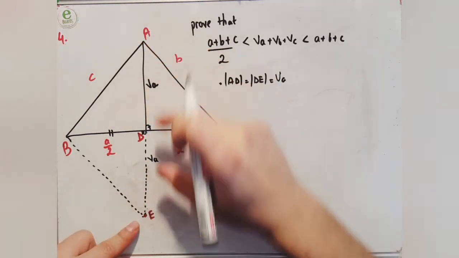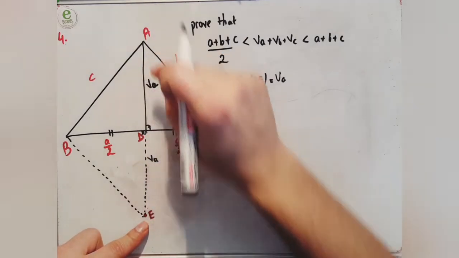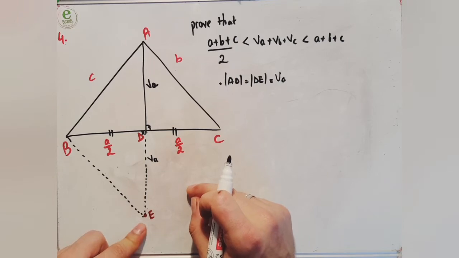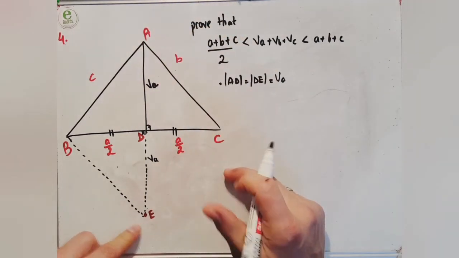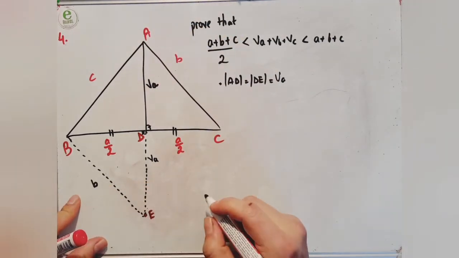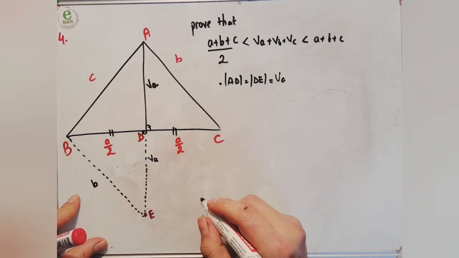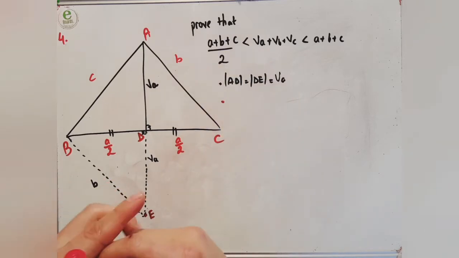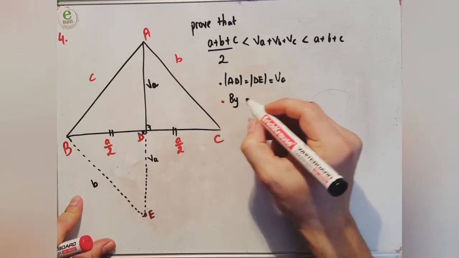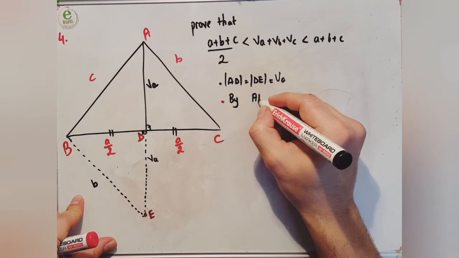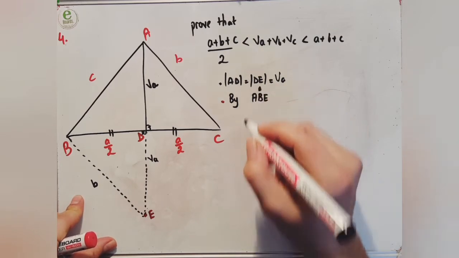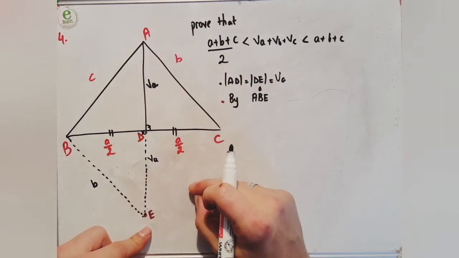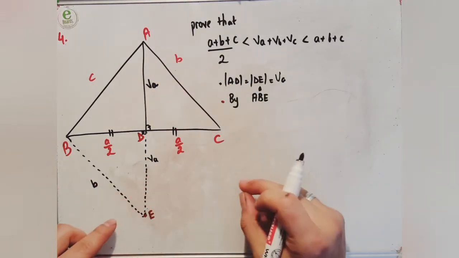ED is equal to DA, DB is equal to DC, so BE must be equal to the length of AC, which is B. And here in triangle ABE, we know that one length is between the difference of the others and the sum of the others.